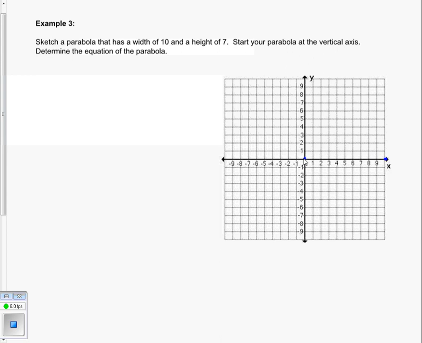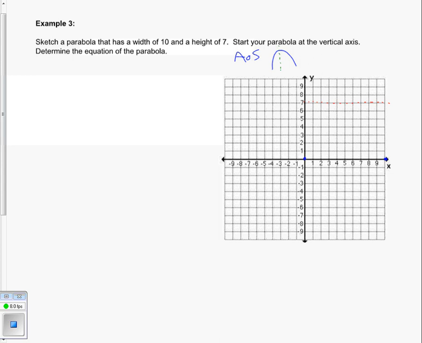So somewhere it has a maximum height of 7 units. Okay, so what we need to figure out is, well, just how high. And when we talked about the axis of symmetry, remember the axis of symmetry divides a parabola in half. So if that's our parabola, then the axis of symmetry actually divides the parabola in half.